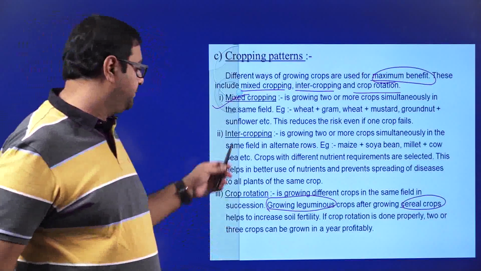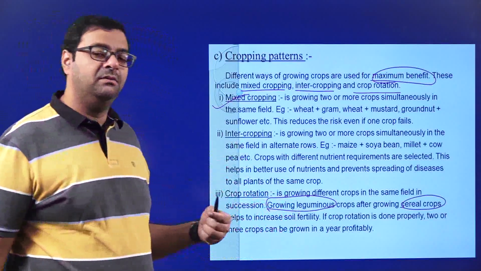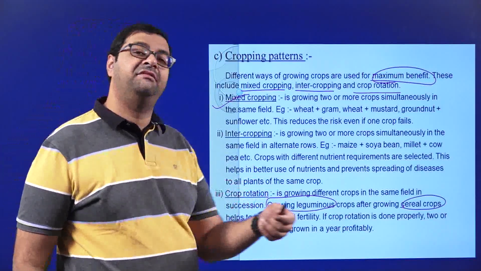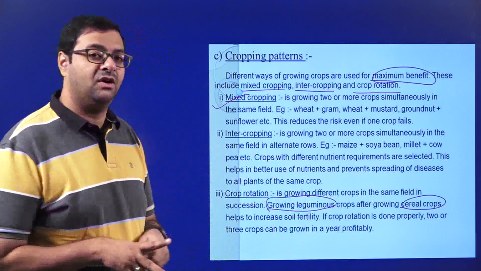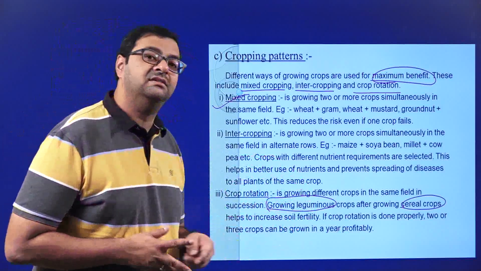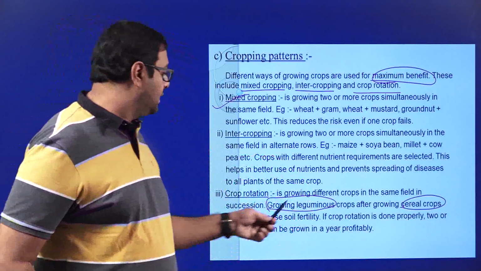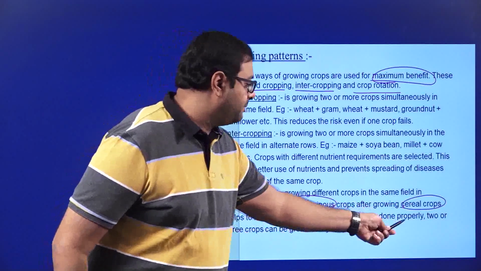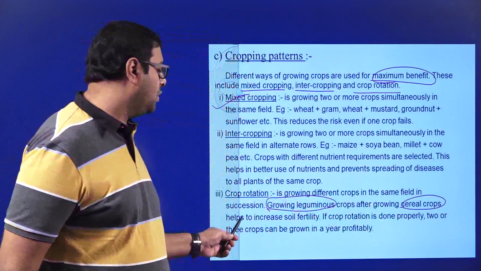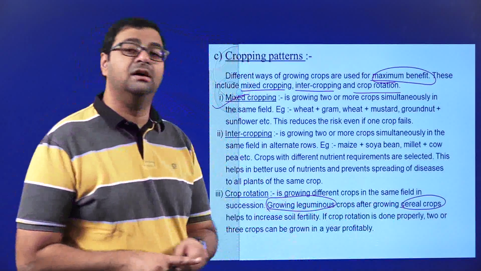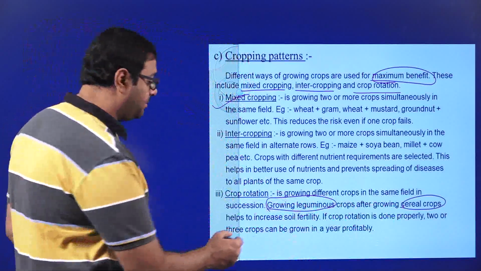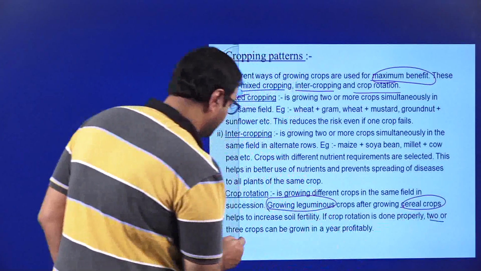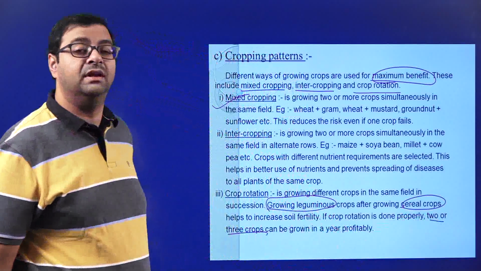So if we grow cereal crops and after that we grow leguminous crops, the nitrogen is fixed back into the soil, and that will increase the soil fertility. If crop rotation is done properly, two or three crops can be grown in a year profitably.